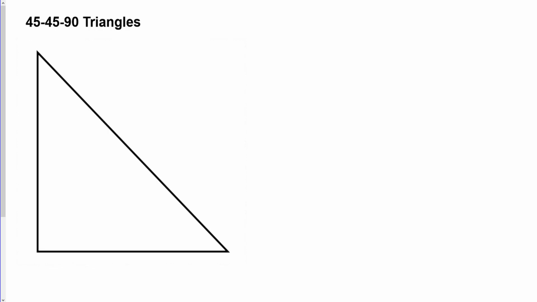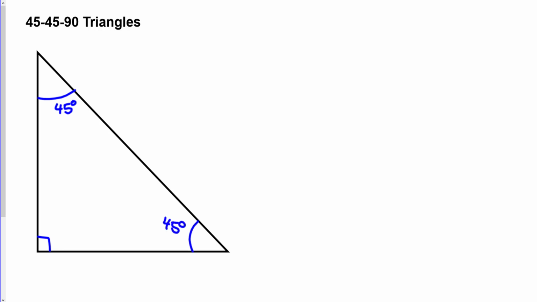Now let's look at how we would do this with 45-degree angle measures. So here's a 45, 45, 90 triangle. The 90-degree angle is, of course, the right angle. And then these remaining two angle measures are equal at 45 degrees.